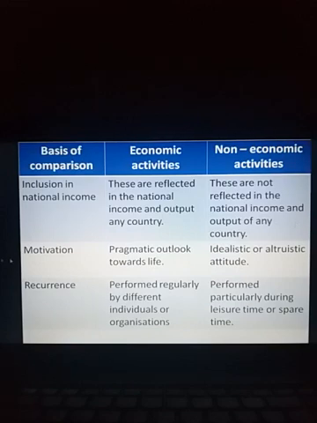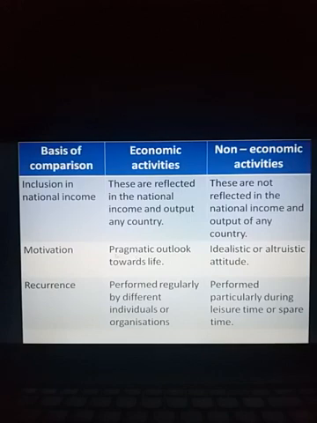Come to point number 5, on the basis of motivation. So basis of comparison is motivation. Economic activities, under that what you need to know, pragmatic outlook towards life. When I say pragmatic, clear, more practical than theoretical, because money motive, commercial motive is there.